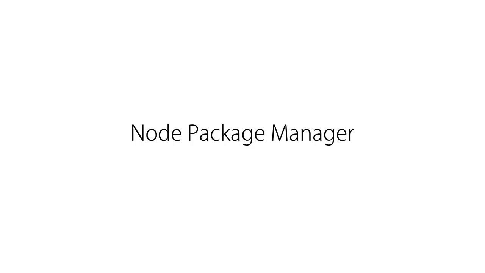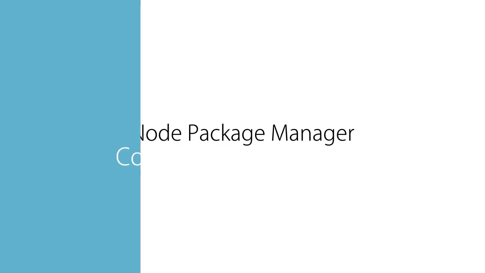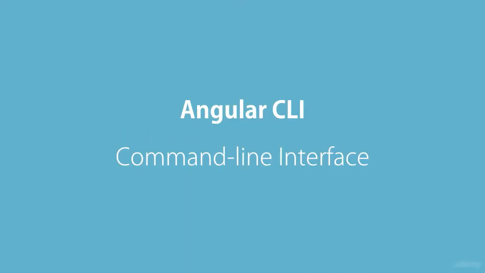Once you have Node, then we're going to use a tool called Node Package Manager, or NPM, to install third-party libraries. One of those libraries we're going to install in this lecture is Angular CLI, which stands for Command Line Interface. So it's a command line tool that we use to create a new Angular project or generate some boilerplate code, as well as create deployable packages.